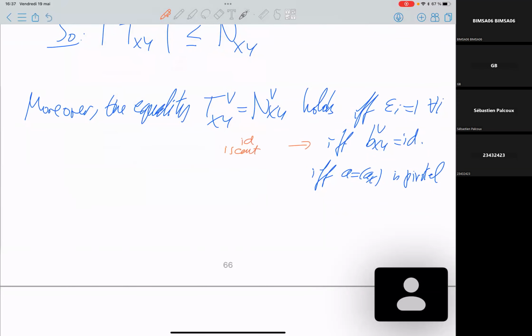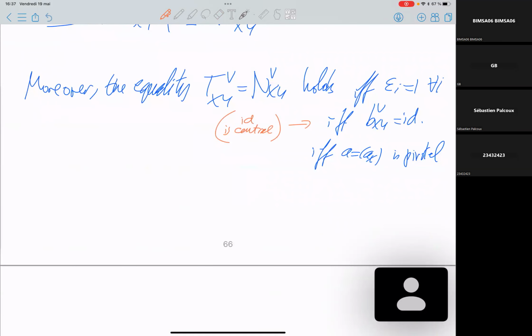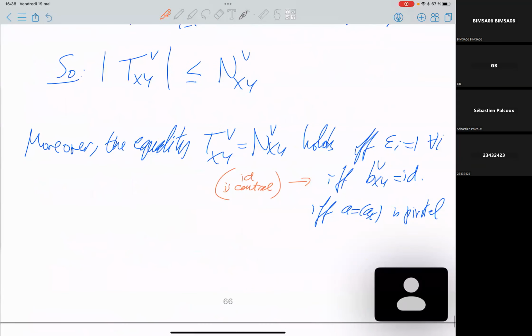Identity is central. So you need the identity to be central. You need to say that. Then every conjugate of the identity is the identity. So if all the eigenvalues are 1, then it must be the identity. And it is an isomorphism also. And B_{XYV} invertible should be enough.